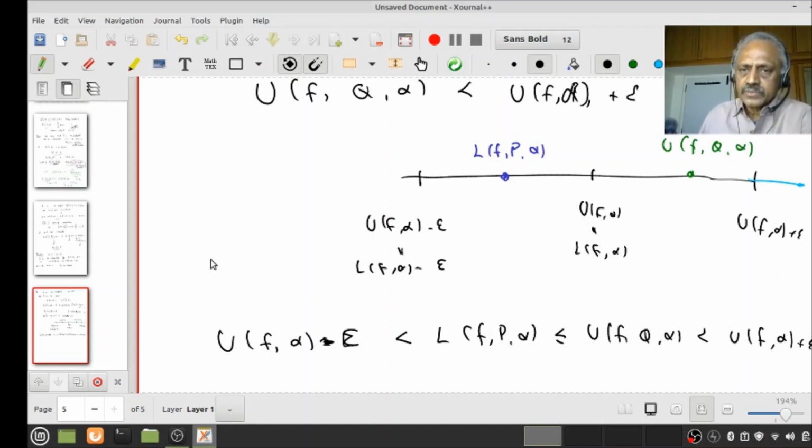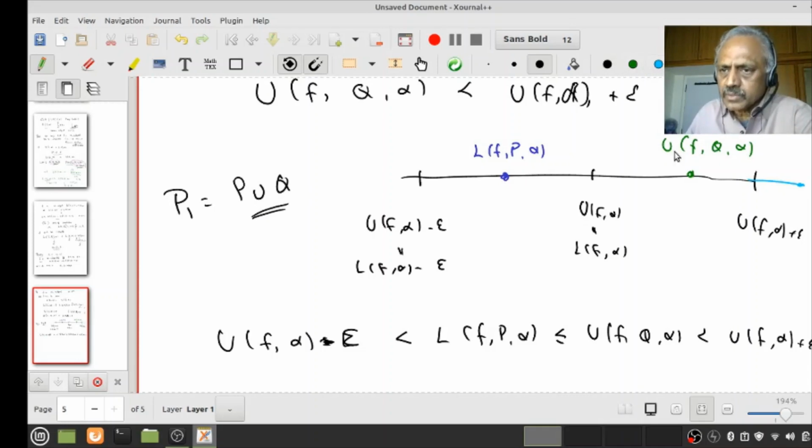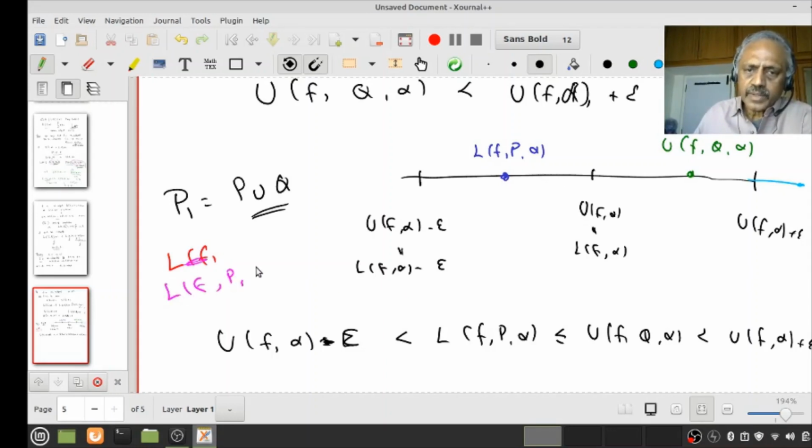Now let P1 be P union Q, then P1 is a refinement of P as well as Q, right? Therefore, what will happen? Let me use a different color. Where will LFP1 alpha lie?